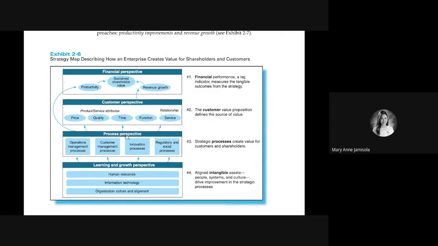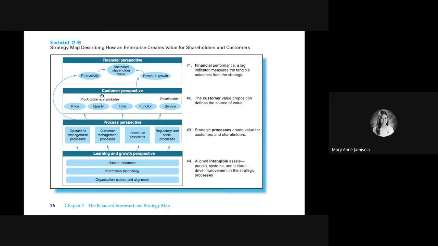But the purpose is for us to better understand the relationship between the one perspective to another. Okay. So this is an example of a strategy map.